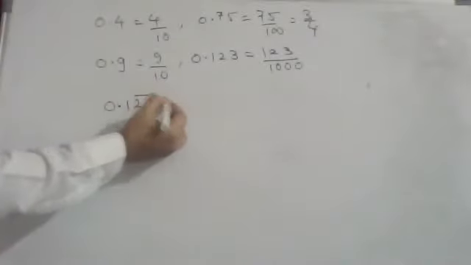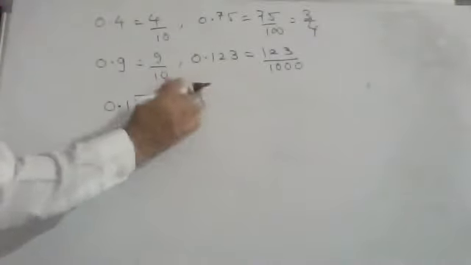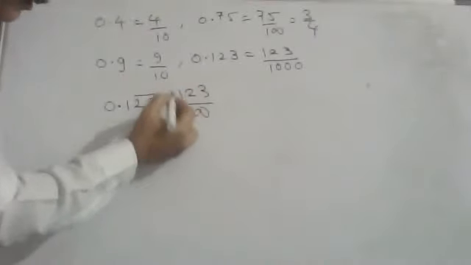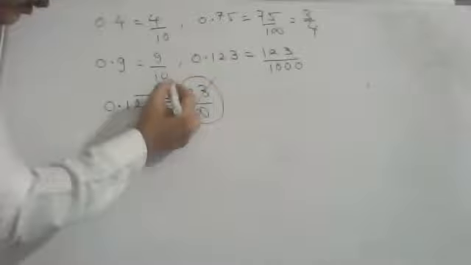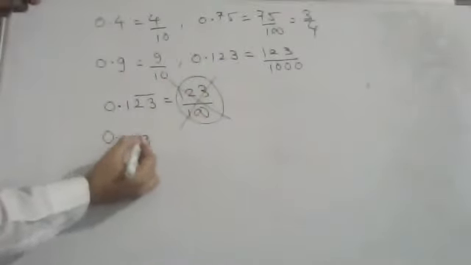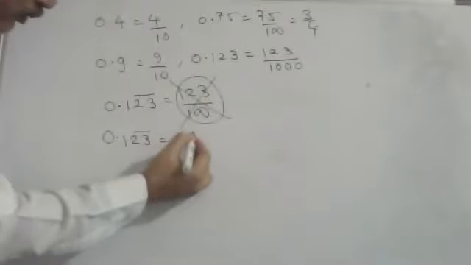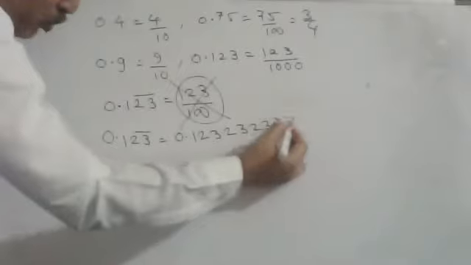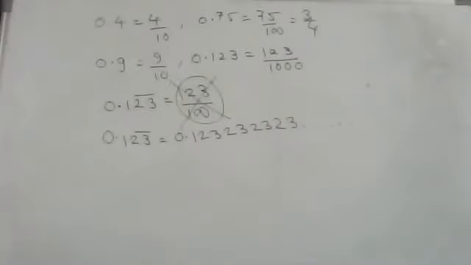Okay, but in case of 0.123 bar, where 23 is repeating, you cannot write 123 upon 1000. This means 0.123232323 never ending. Clear? So how to convert this into fraction?